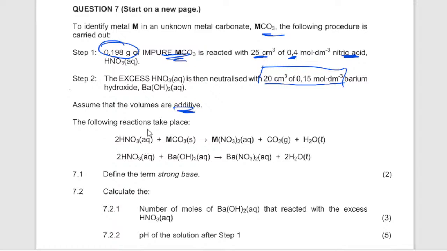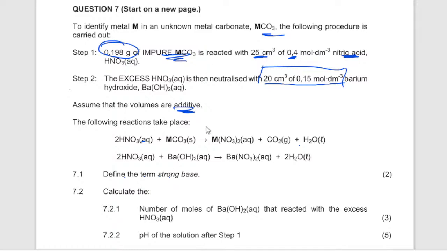All right, the following reaction takes place, and you're saying that you have this plus this gives you that. Okay, define the term strong base. This is a definition. We usually talk about it, but please define it. Strong base, basically, it must be able to dissociate completely when it dissolves in water.